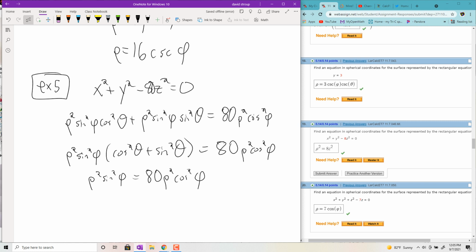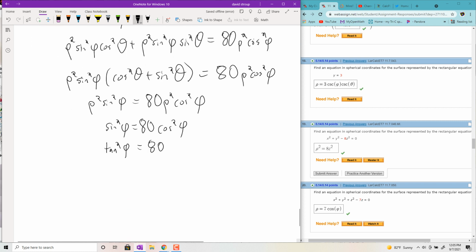You're going to divide out by the rho squared. It'll turn out that doesn't really matter. That won't hurt you. So you get sine squared phi equals 80 cosine squared phi. Then divide both sides by cosine squared. Sine squared over cosine squared, of course, is tan squared phi equals 80.